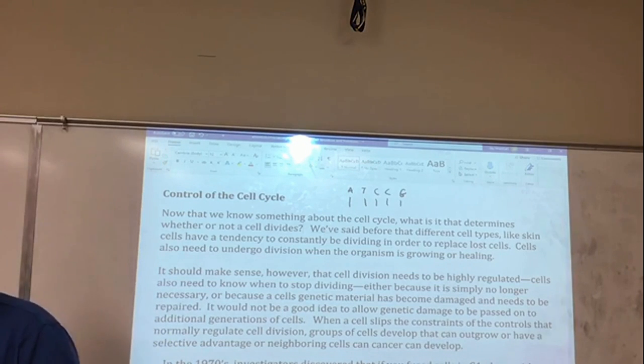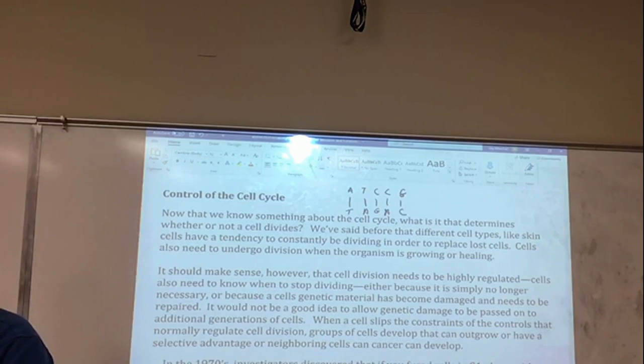Who remembers what pairs with adenine? Thymine. Thymine pairs with adenine, right? So I would put a thymine there, and that means also that adenine pairs with thymine and guanine pairs with cytosine. And so let's say that instead of the guanine there, I got an adenine that accidentally paired there.